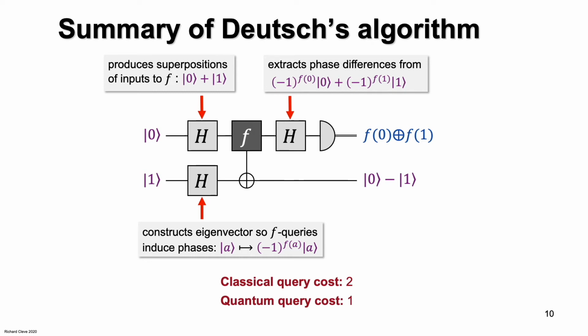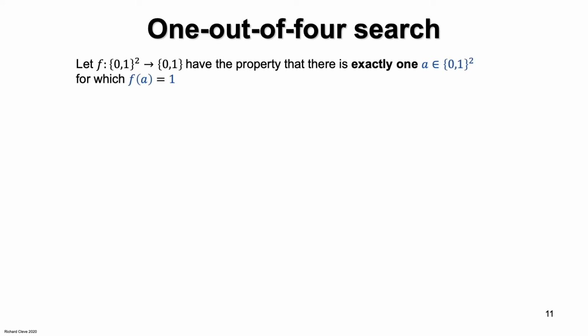Now, let's try to generalize this methodology to another problem. Let f be a function that takes 2 bits as input and produces 1 bit as output. Suppose that this function has the special property that it only attains the value 1 at exactly one of the 4 points in its domain.